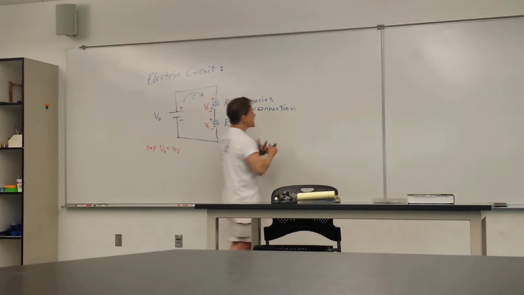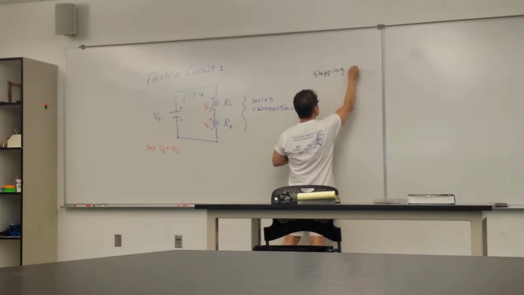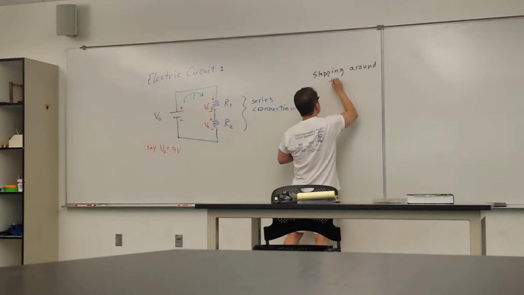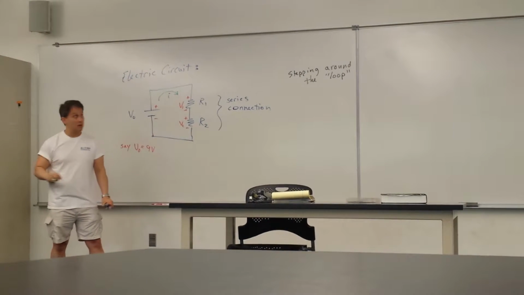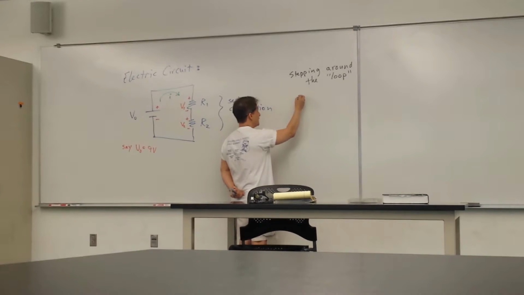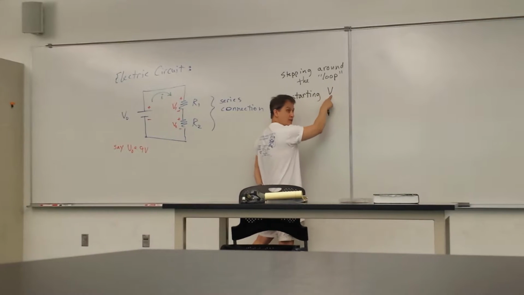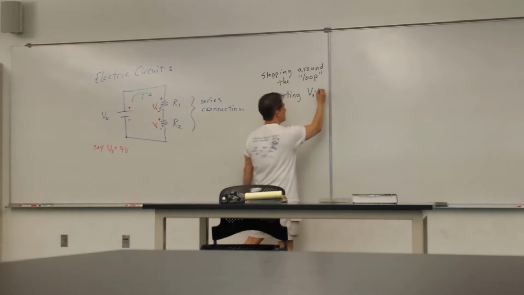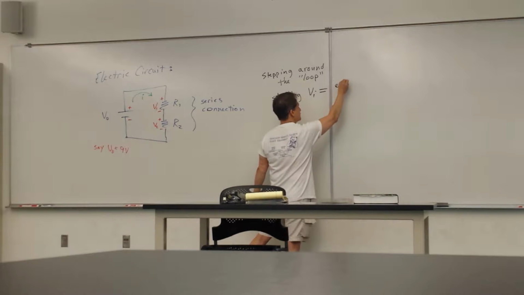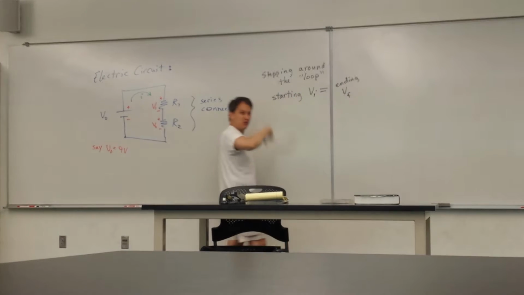So as we step around this loop, and it's a closed loop, and the key is that you have a way to go all the way around this sucker, your beginning voltage, I'm going to call it initial, has to be equal to your ending voltage, let's call it V final, if you're going all the way around a closed loop.